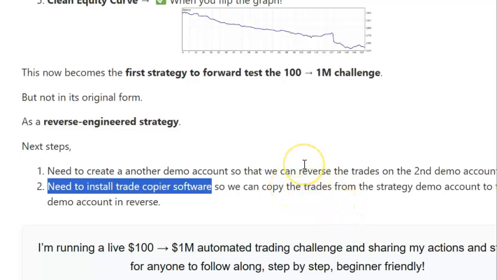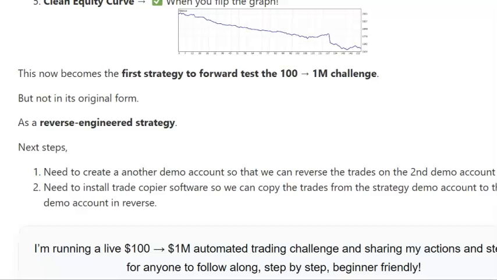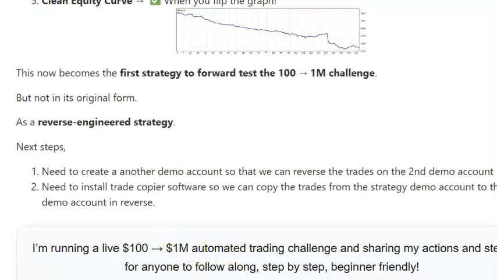We're going to copy the trades from that account to the second demo account, but in reverse, using the trade copier software. So that's the next step, and I'm going to work on that now. Probably start tonight, and then I'll do another video for this one and go through all the steps as well.